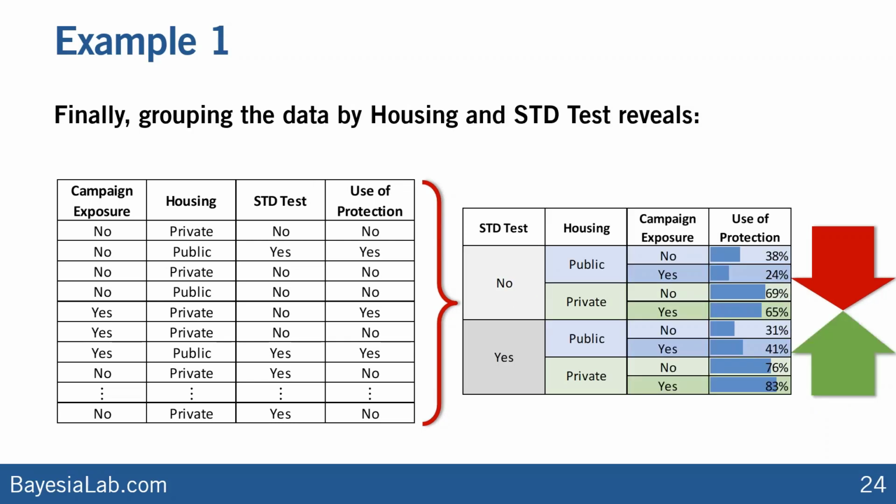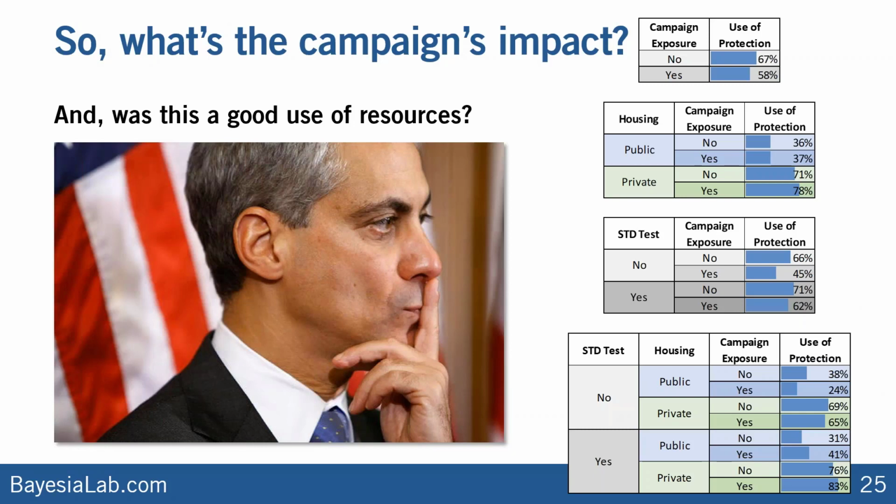But if we now finally introduce all variables, stratify on STD test and housing, and look at all the increases and decreases, it seems like everything cancels out. So what is it? What was the campaign's impact? Was this a good use of resources?